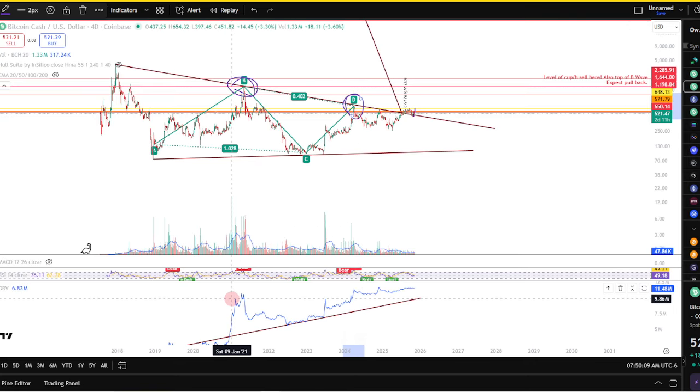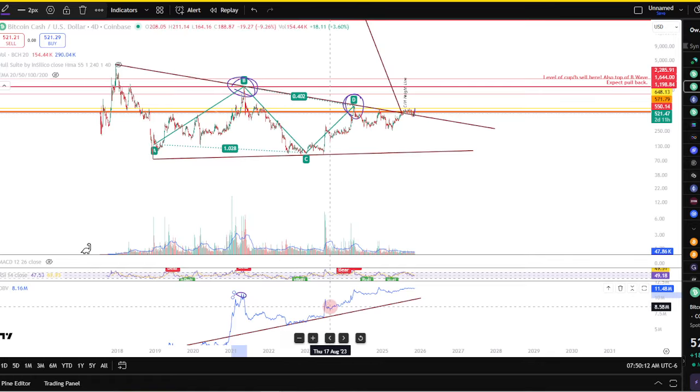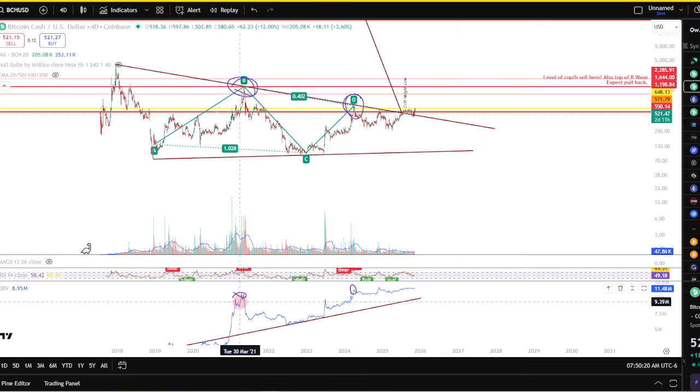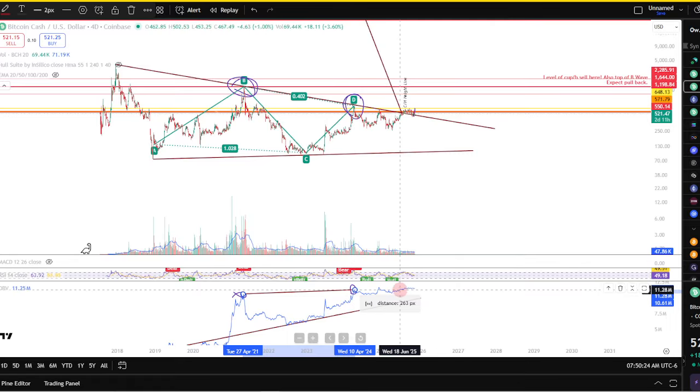Yet from here to here, that's going up. So in other words, there's more buying here than here, yet our price is down here than up there. So this thing's getting ready to pop, is my point.